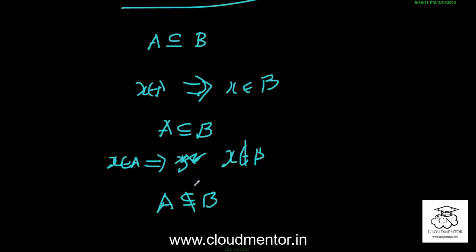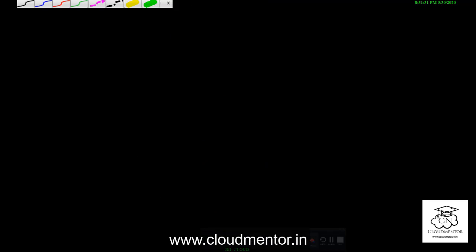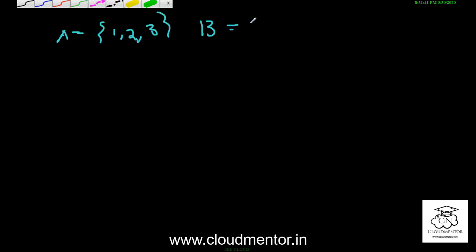Okay, and for example, if A = {1, 2, 3} and B = {1, 2, 3, 4, 5}.